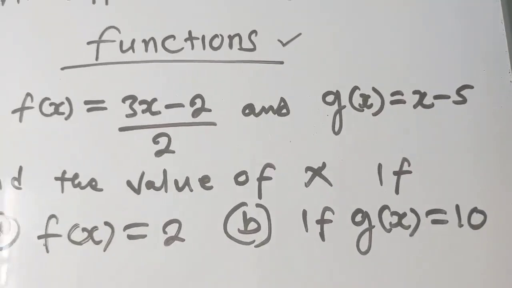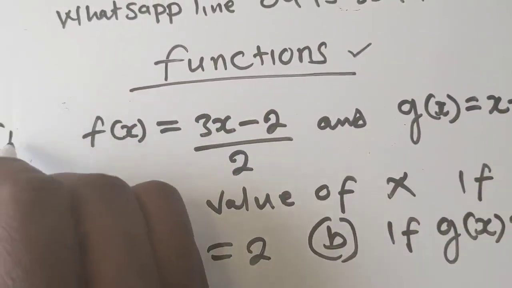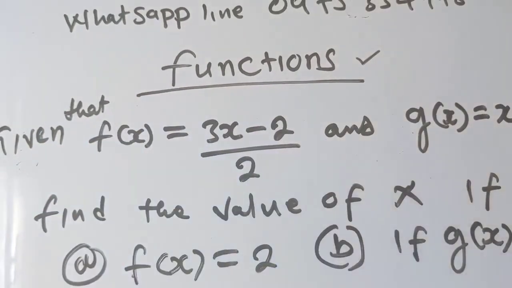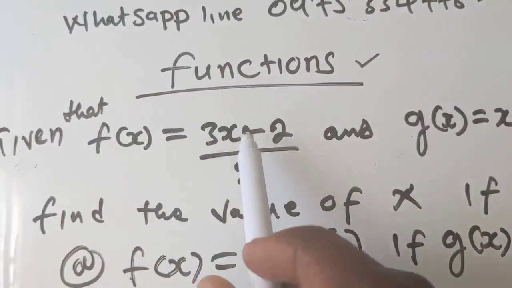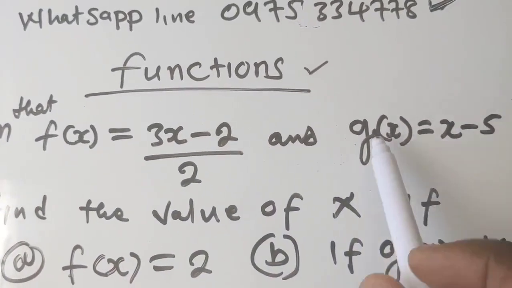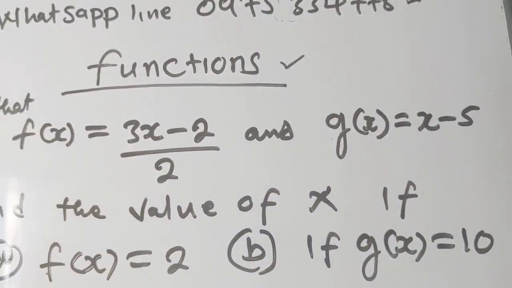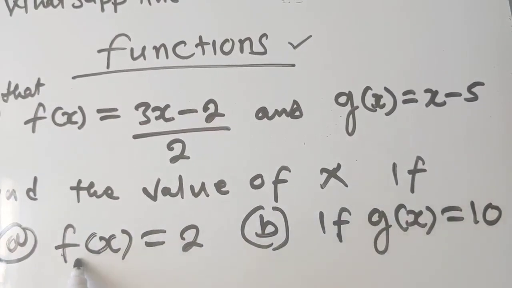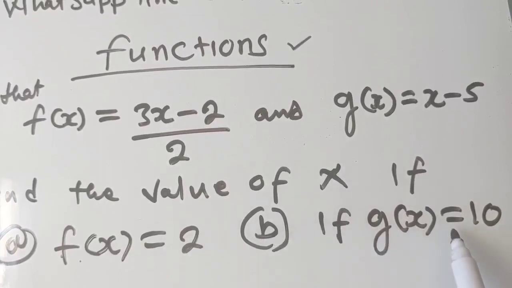So this question, they're saying that given that f of x is equal to this, and g of x is that, find the value of x if f of x is 2 and b is g of x is equal to 10.